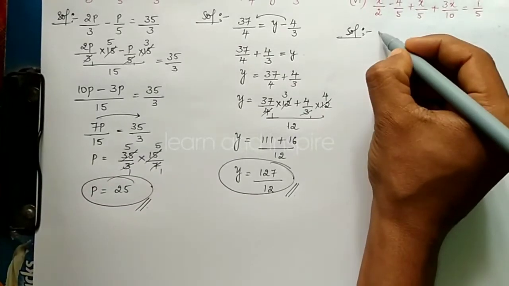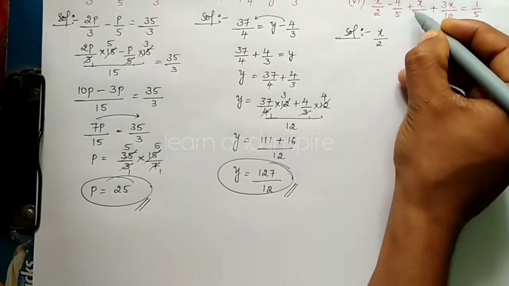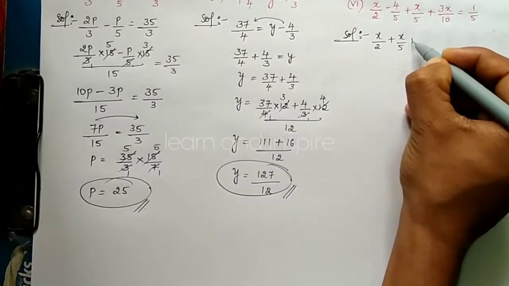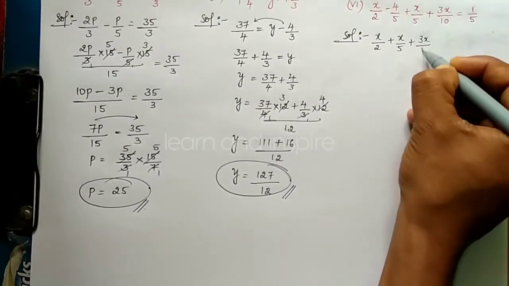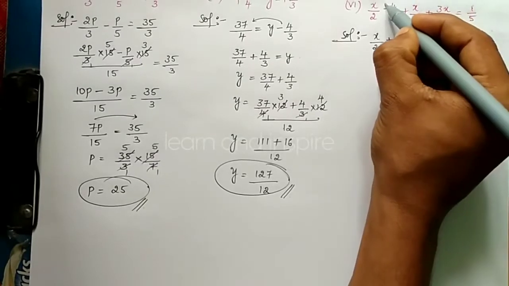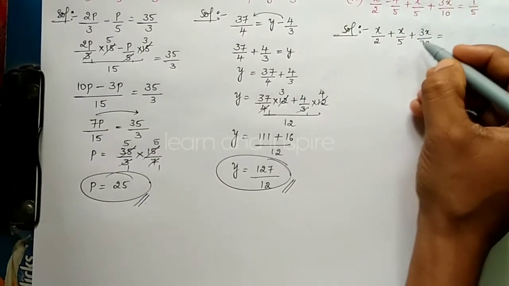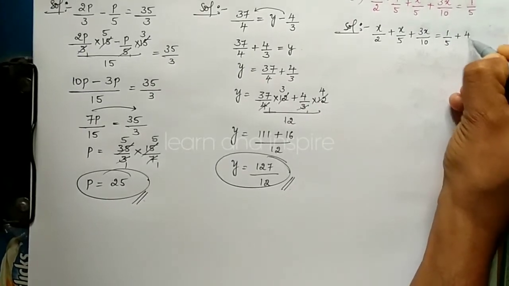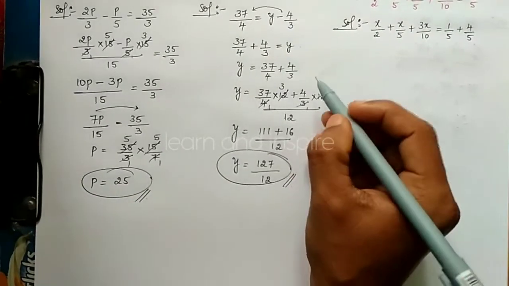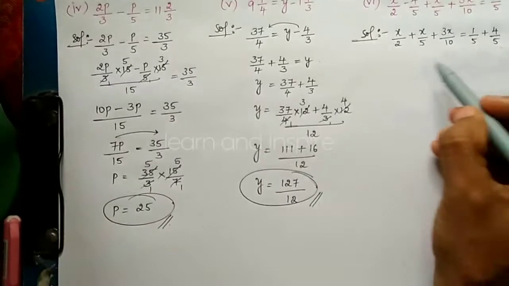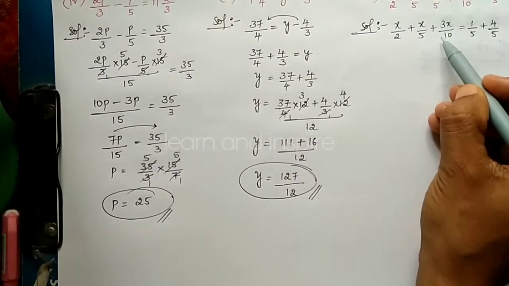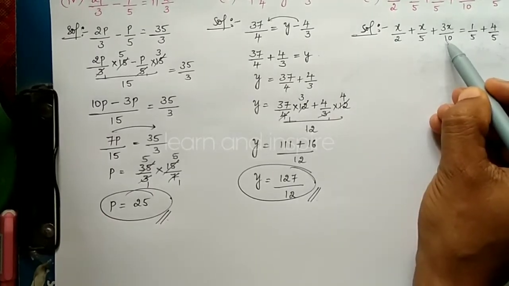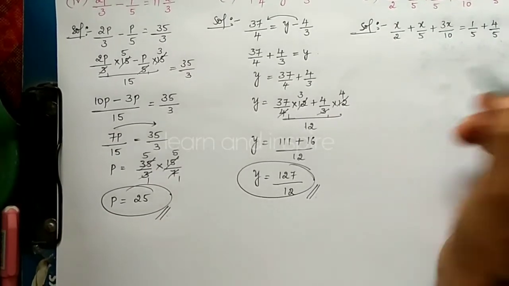So x by 2 plus x by 5 plus 3x by 10 is equal to, transposing minus 4 by 5 to RHS, plus 4 by 5. Now what is the LCM of 2, 5, 10 on LHS? The LCM of 2, 5, 10 is 10.